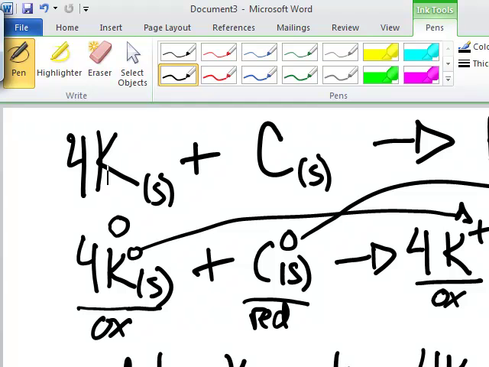So this is showing what's going on with potassium. It started off as 4 neutral atoms. It ended up as 4 positive atoms. In order to do that, it has to get rid of 4 electrons. So this is saying that potassium is sending 4 electrons to carbon. Carbon's being reduced in value, so the reduction half reaction is just carbon.